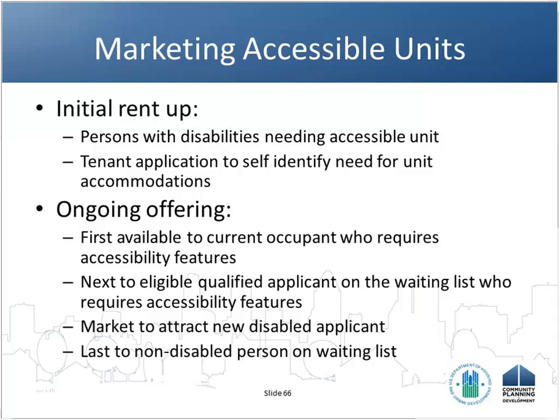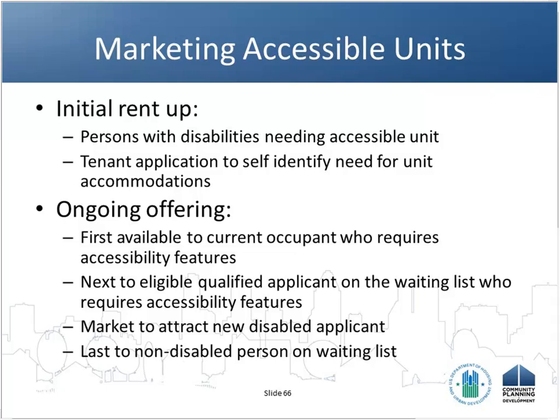That would be from the tenant information that's been provided, and that may need to be updated as you're re-verifying income because those needs may change over time for that applicant. If there's no one currently as a resident that needs the accessible unit, then we would look to the waiting list and, following the same criteria, look to see who the first person on the waiting list was that needed that accessible unit. They would have the next right for that.